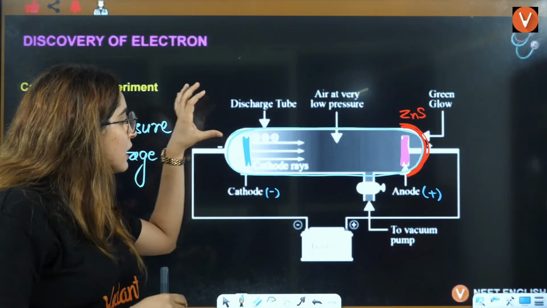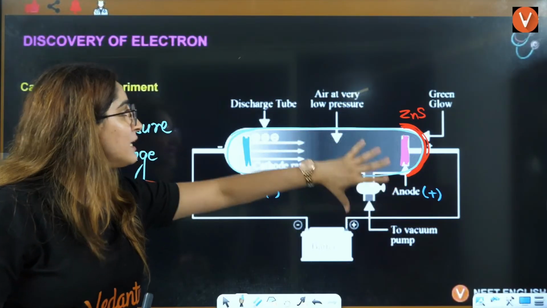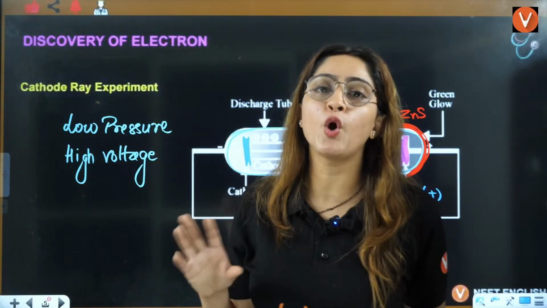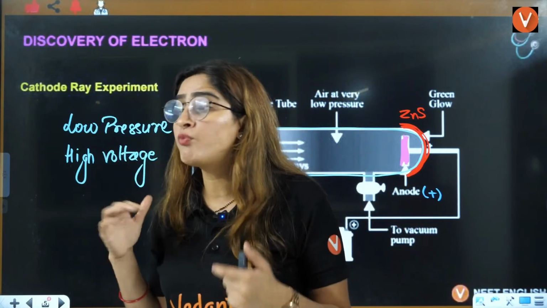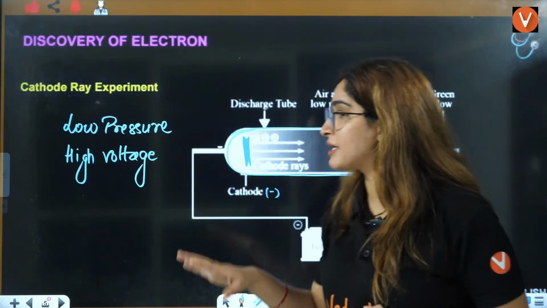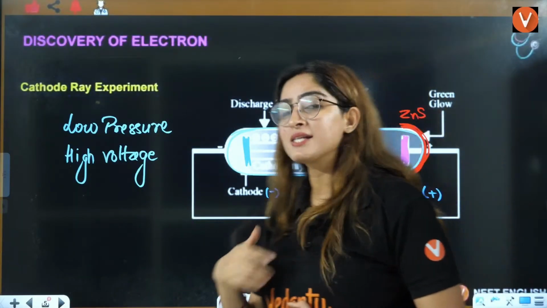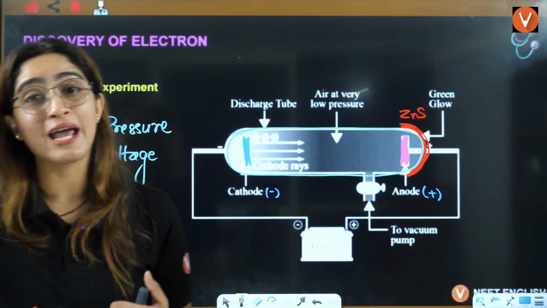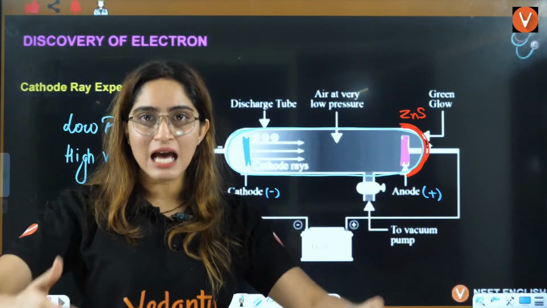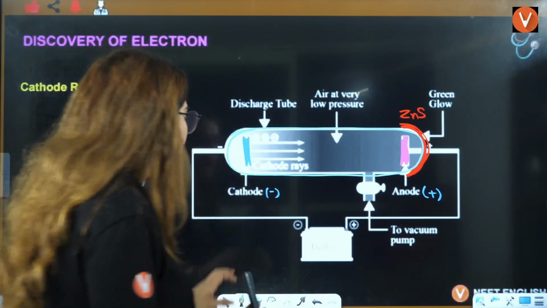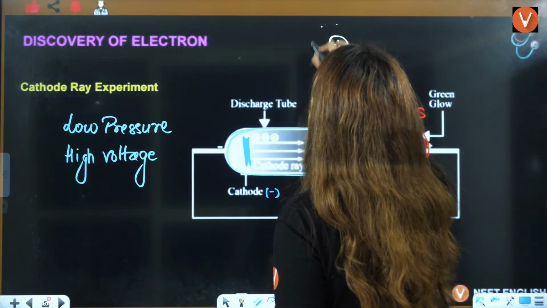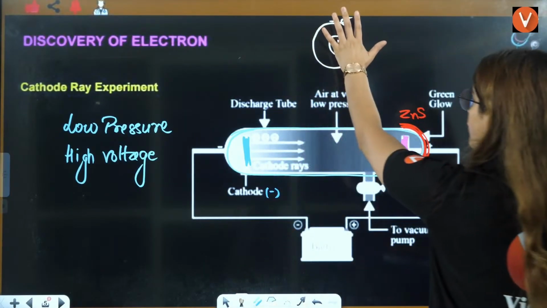From the cathode, anode, then there is this discharge tube. Now in this discharge tube, what you have is low pressure, but the voltage is very high. Can you tell me why? What is the reason behind such high voltage? This high voltage is used because now you know this is the atom, this is the proton, this is the electron.